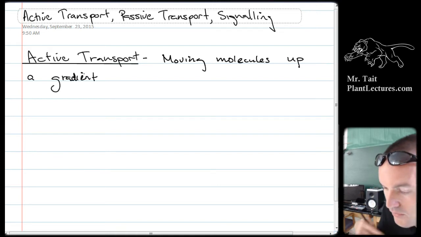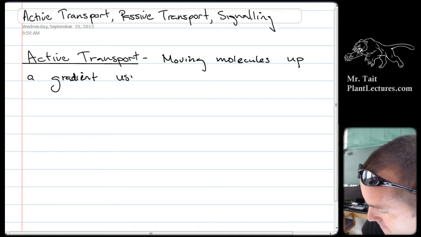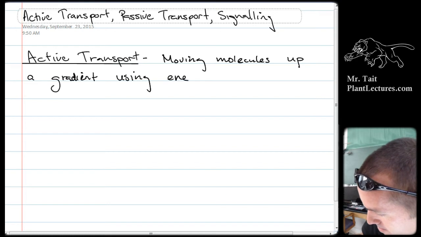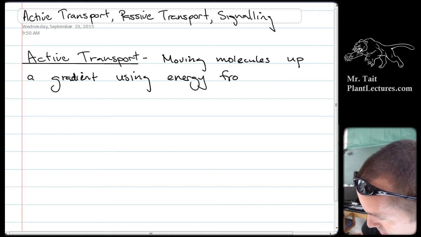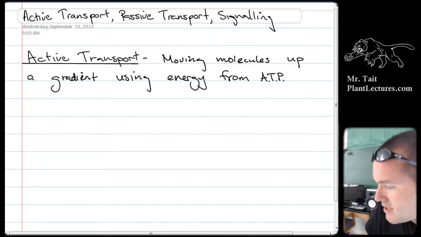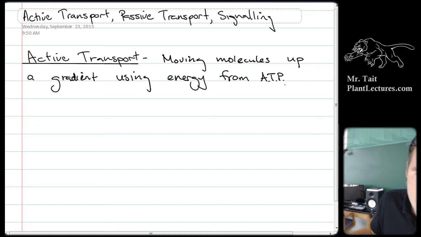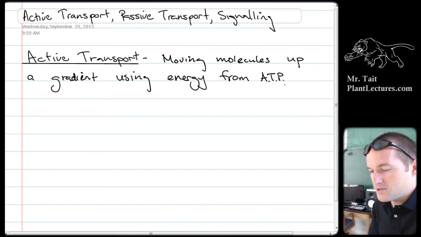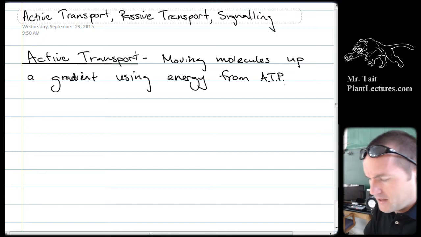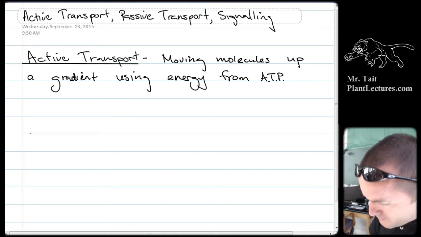This is often called moving against a gradient, using energy from ATP. Okay, and it doesn't always use energy from ATP, but for the purpose of this discussion, we're just going to say that it does. We'll talk about some instances today where maybe it doesn't. All right.